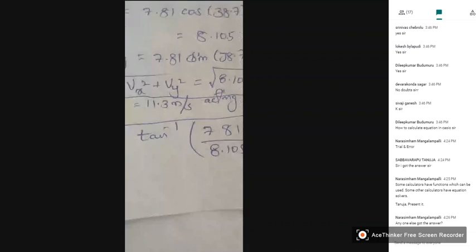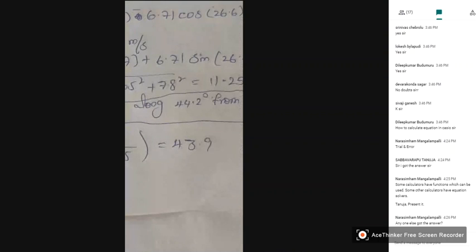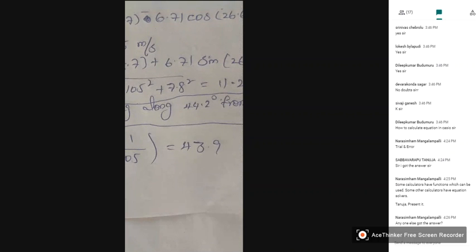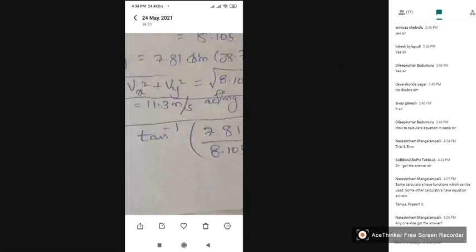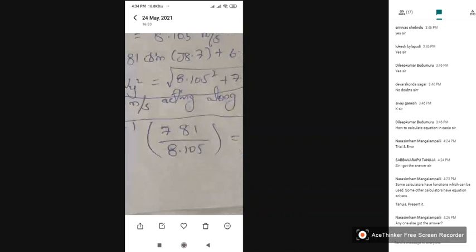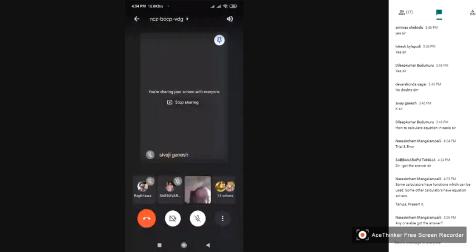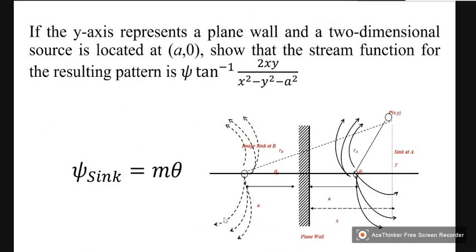And theta is equal to tan inverse of Vy by Vx. Is it okay, clear, sir? It's not clear. You do one thing. You may explain tomorrow. Let me complete this one.